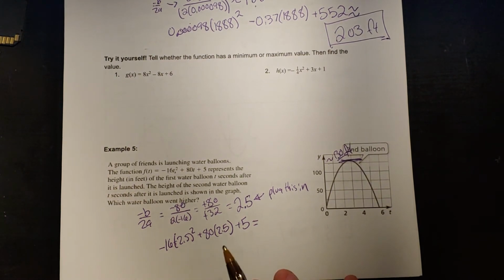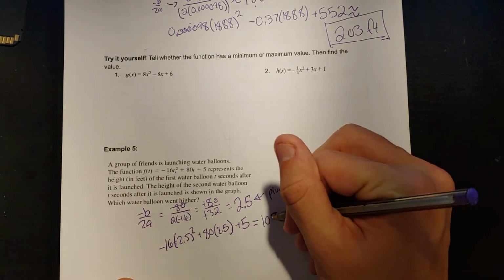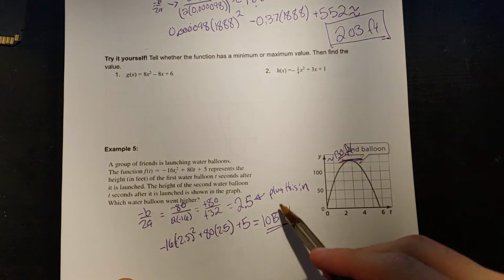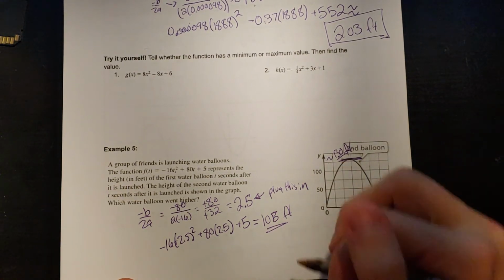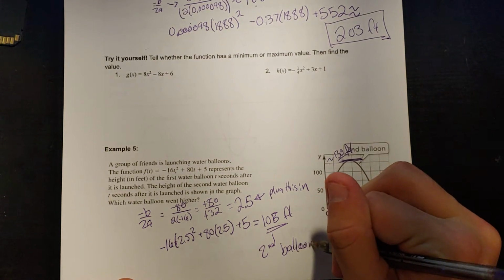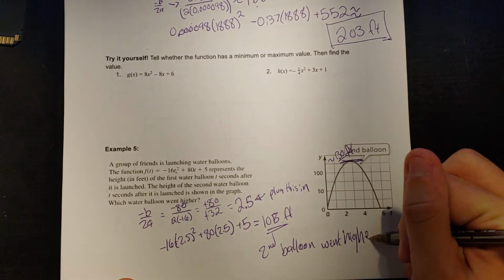It'll give you a straight line up and down, but you'll still get the answer. But once you plug this in, you end up getting 105 feet. So it looks like, when we compare our answers, the second balloon went higher.